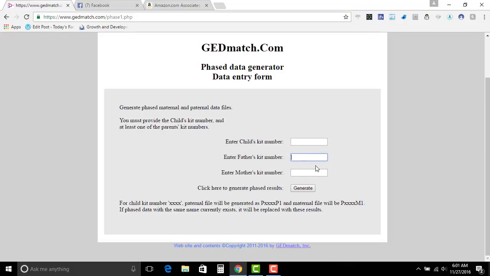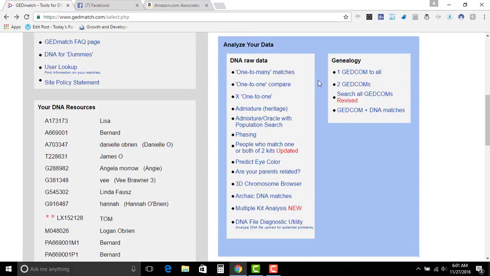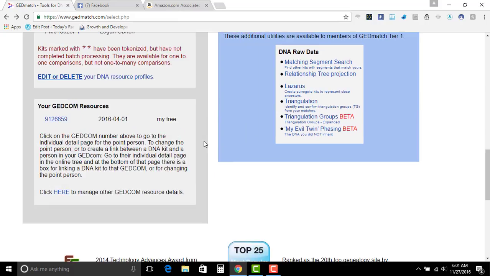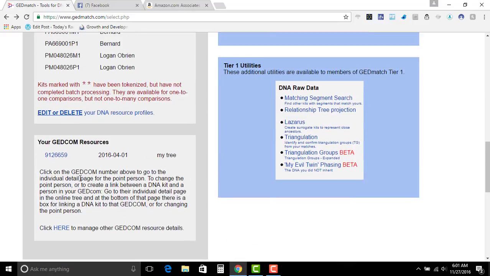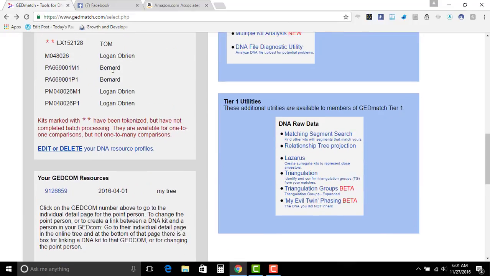So if you have your kit number and then you have your father's kit, but not your mother's, it will make you a special list of your DNA cousins, which is the one too many up here, and it will make these kits right here. One's going to be ones that matched your father or your mother, whoever's kit you use, and then the other one that didn't match that one.